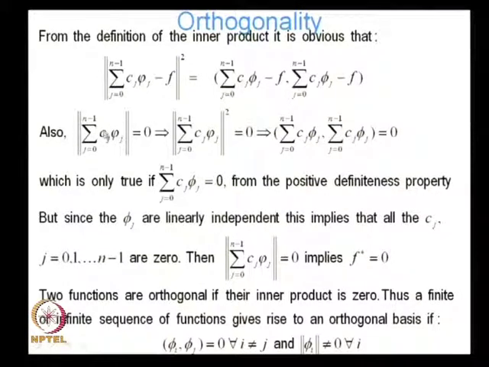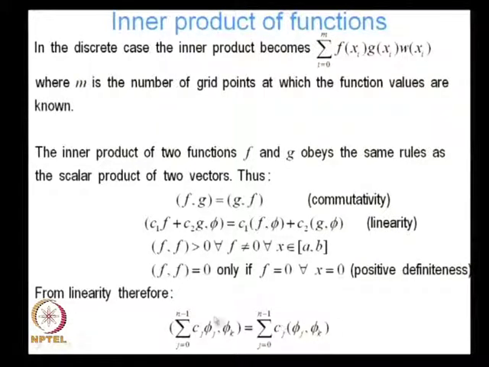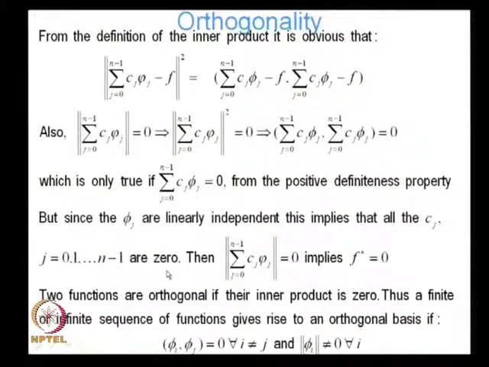Also, consider the norm of sigma C_j phi_j from j equal to 0 to n minus 1. If this norm is equal to 0, this means that the square of the norm must also be equal to 0. If the square of the norm is equal to 0, then I can write the inner product is equal to 0, right. But we just saw that if the inner product is equal to 0, then the function itself must be equal to 0, right. So that means sigma C_j phi_j must be equal to 0, right.